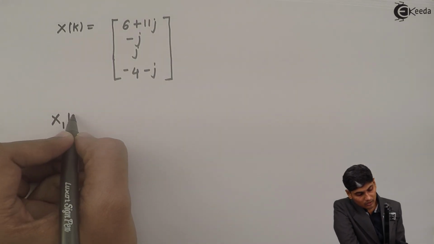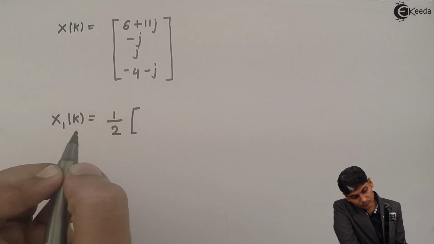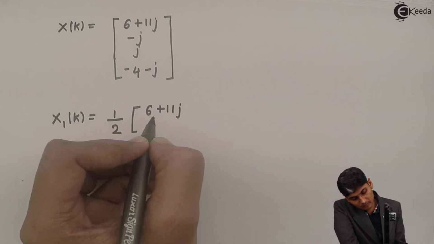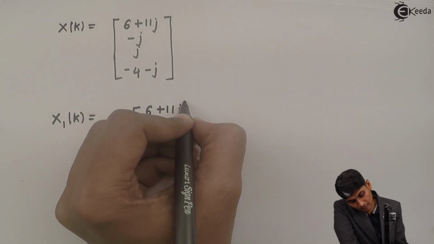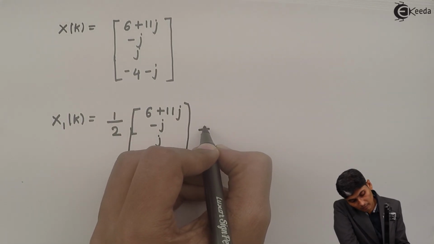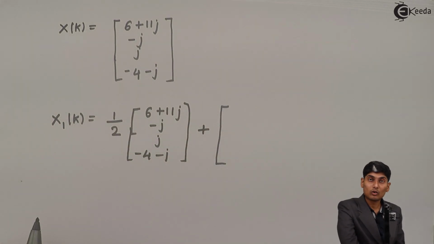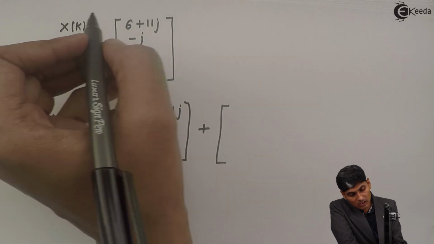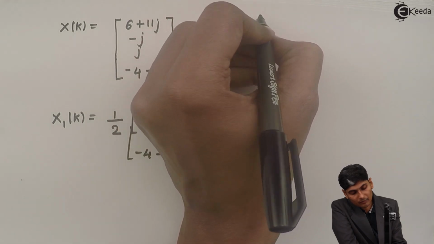Therefore, x1 of k will be equal to 1/2 of this complete matrix plus, now I wanted to conjugate and I wanted to mirror image. So let us take x conjugate of k.